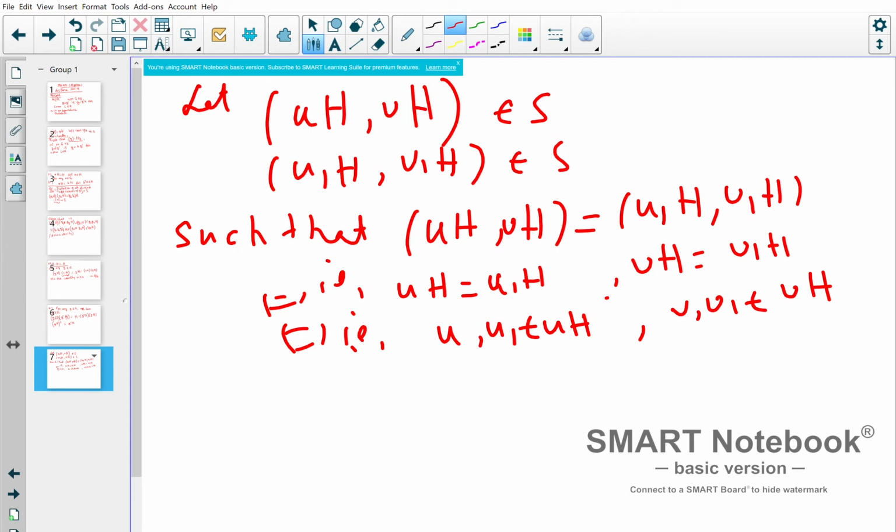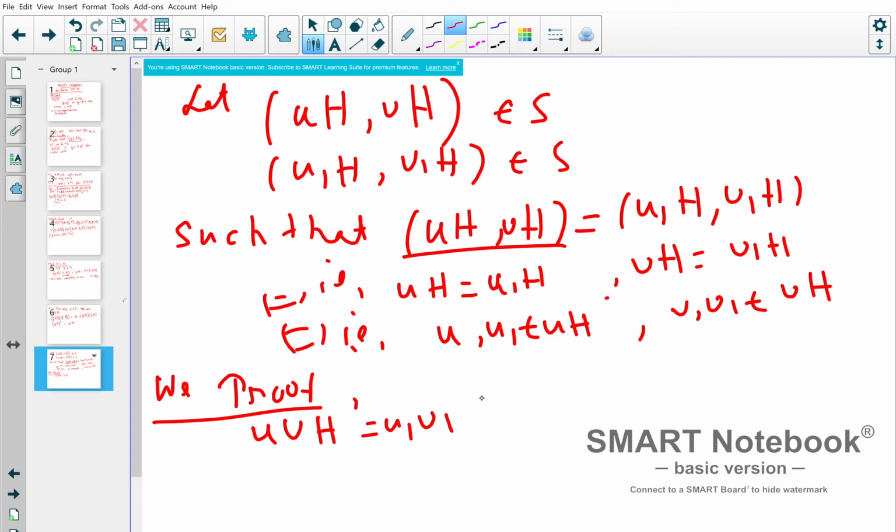Now, if this is given, we need to prove that the operation is well defined, which means the images of these tuples are the same. The image of this tuple is UVH, and the image of this tuple is U1V1H.